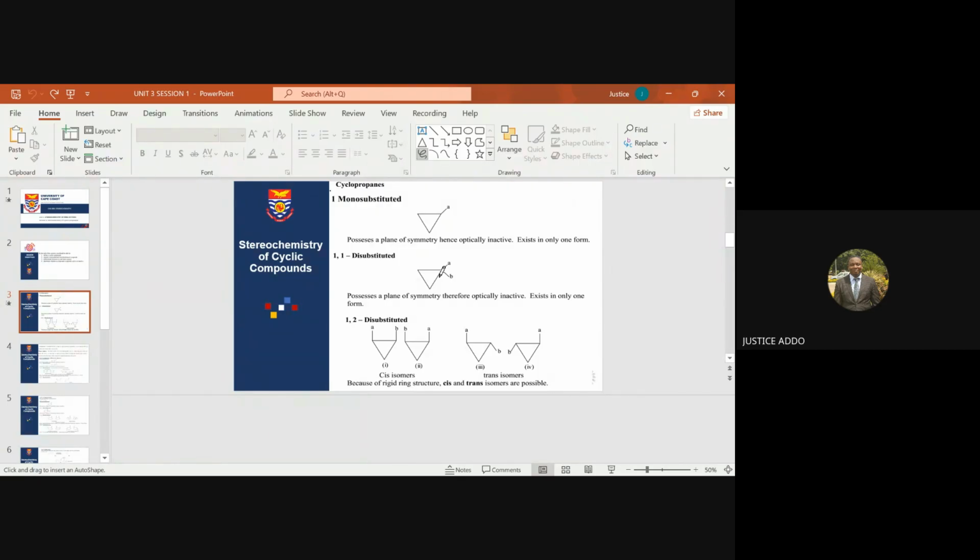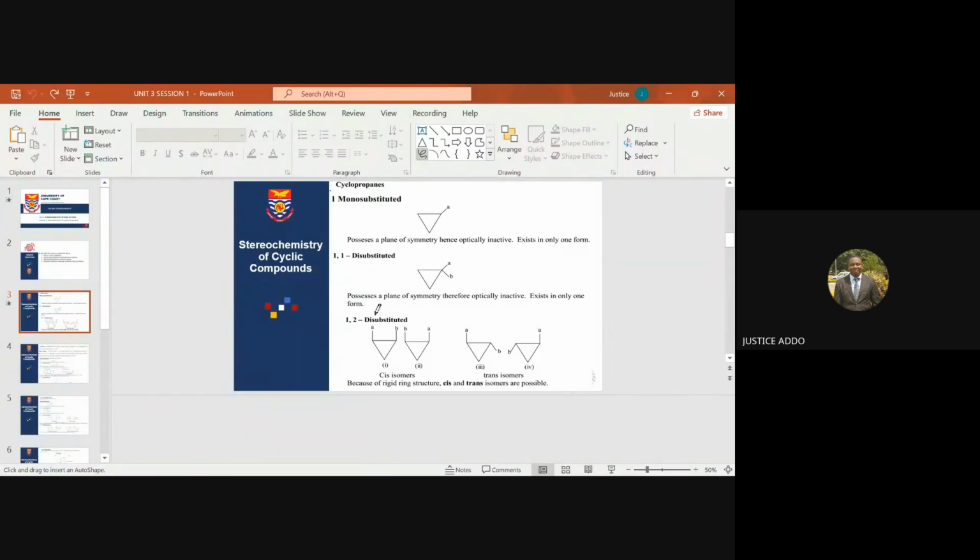You can cut it into 2 equal halves. And so you say they possess a plane of symmetry, and then automatically they are optically inactive. And if they are optically inactive, then it means that they exist in one form. So the 1,1-disubstituted and the monosubstituted behave similarly in terms of their stereochemistry description.